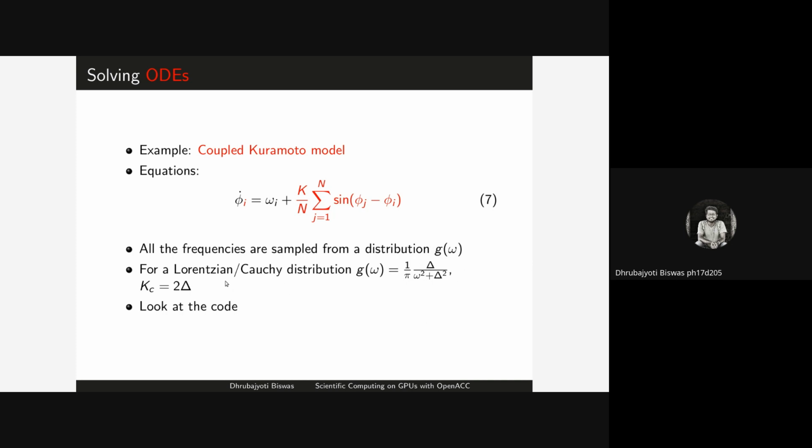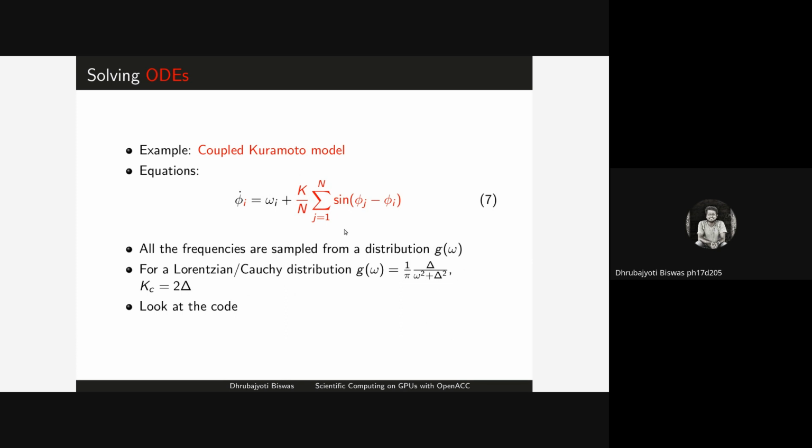The synchronization transition, what is synchronization, I will tell you, happens at 2 delta. So you will increase this coupling strength starting from 0. If this k is 0, this red term disappears, right? So all the phi values are just phi dot equals omega i. For k equal to 0, they are uncoupled and they evolve independently of each other.